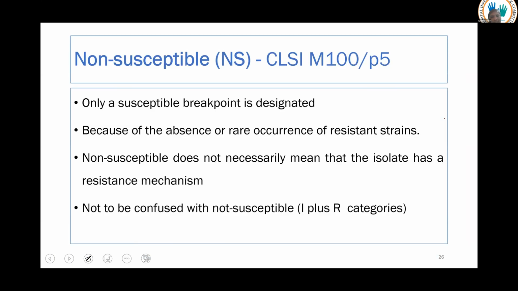One example you tell. Anybody can unmute and tell, please. Penicillin for Streptococcus pneumoniae, penicillin for Streptococcus pyogenes.